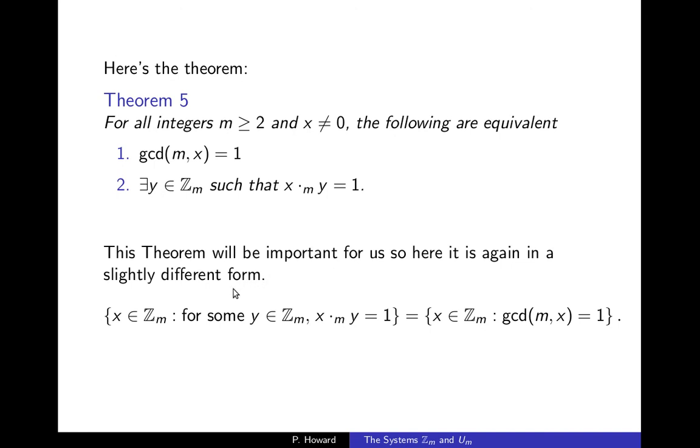We have two ways of characterizing these elements x that have a multiplicative inverse in Z sub m. And we're going to prove that part 2 follows from part 1. Showing that part 2 implies part 1 requires a different proof, which we're going to leave for discussion in the exercises.